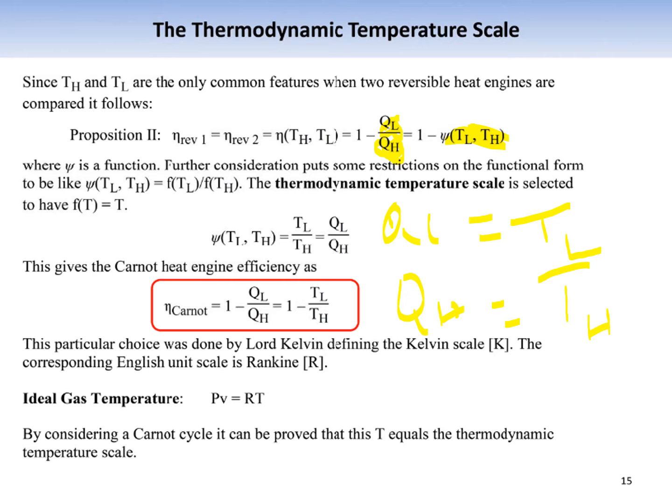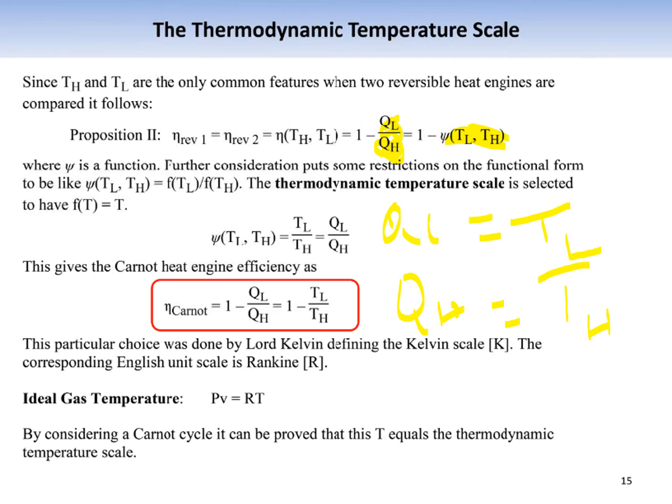So that's why to calculate the Carnot efficiency, we take this proposition that the heat transfer is directly related to the temperature of the corresponding reservoir, and the constant of proportionality is 1.